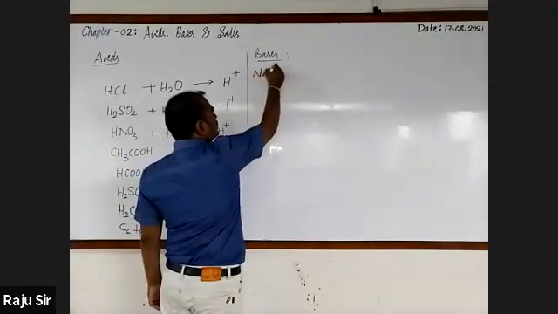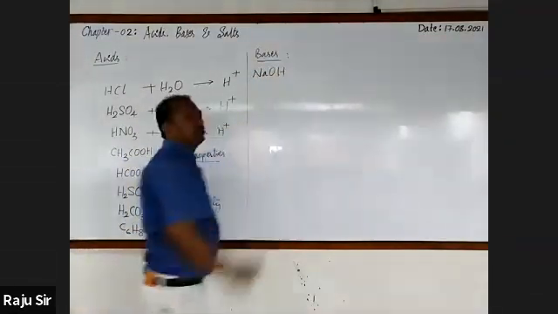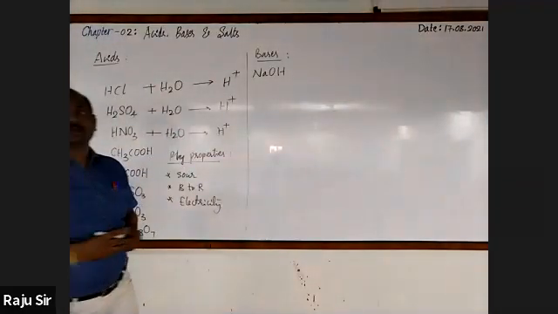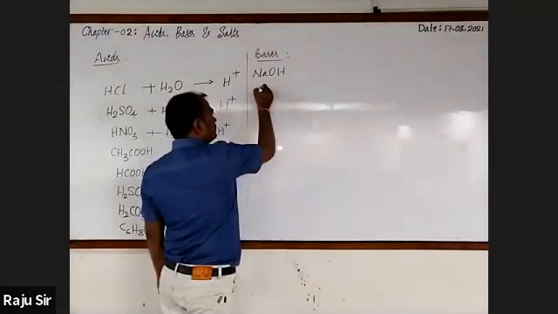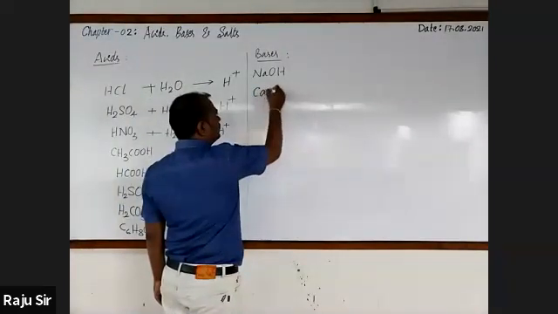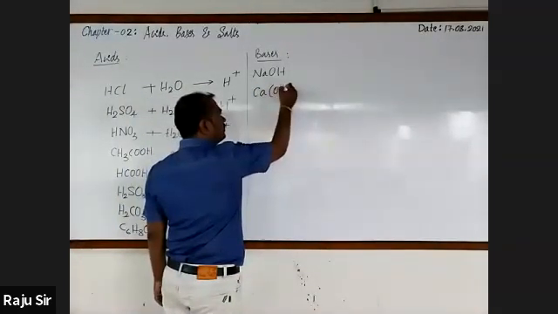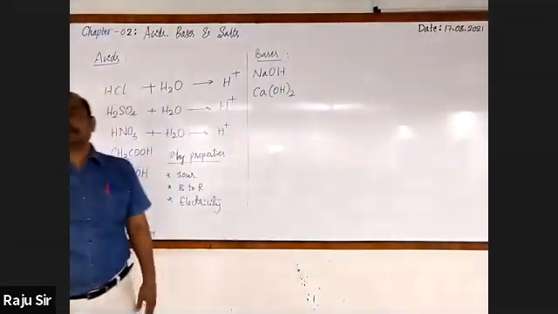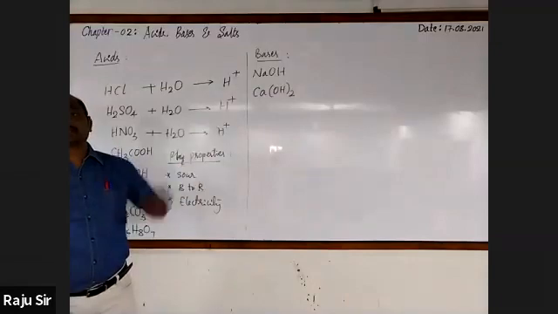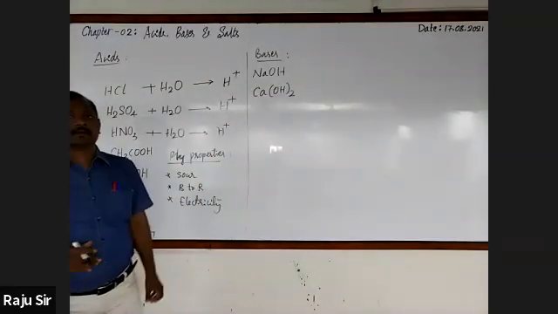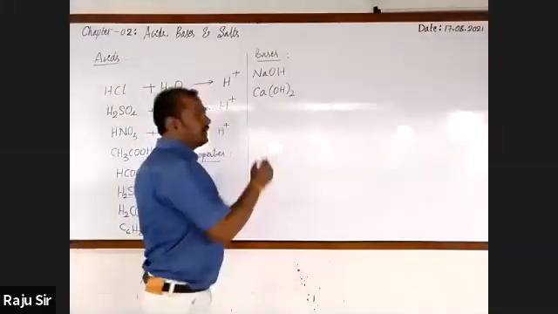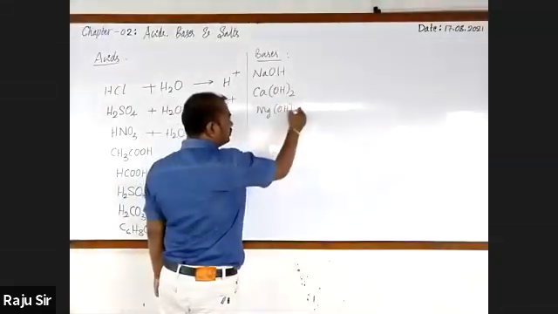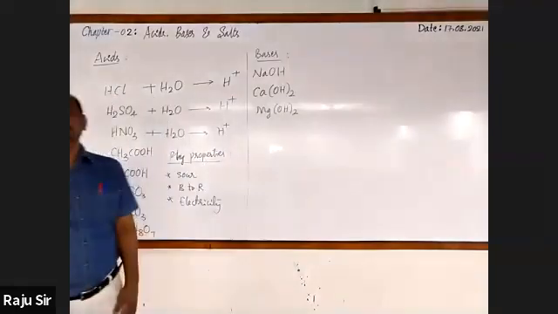The most familiar one is sodium hydroxide. Calcium hydroxide, Ca(OH)2, which is used for whitewashing. What is the common name of calcium hydroxide? Slaked lime. Then magnesium hydroxide, Mg(OH)2.